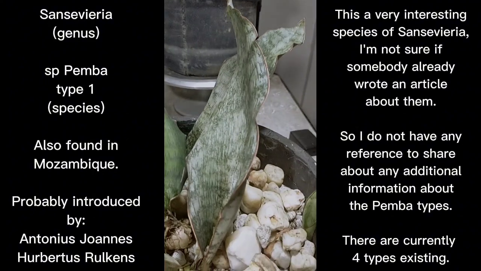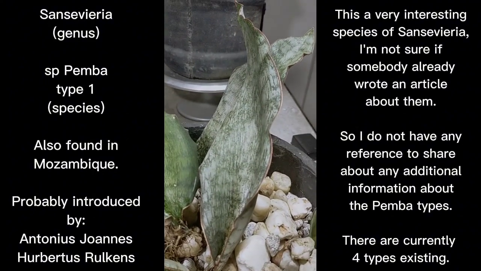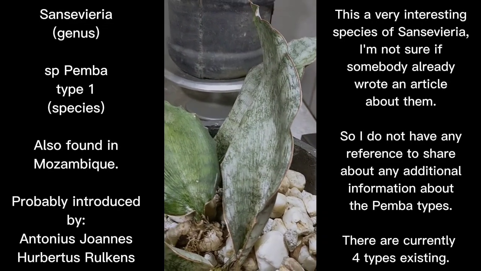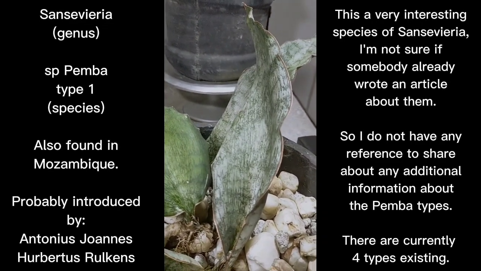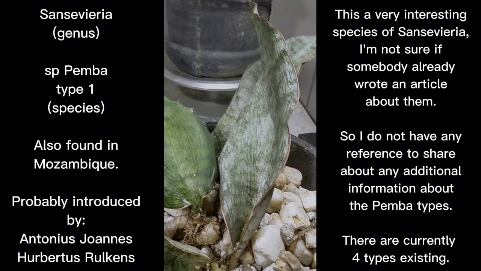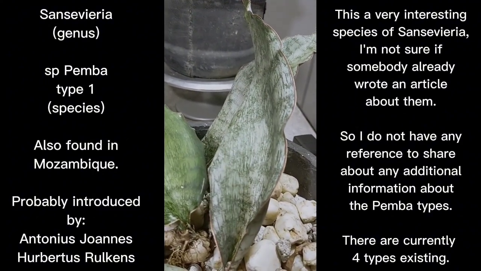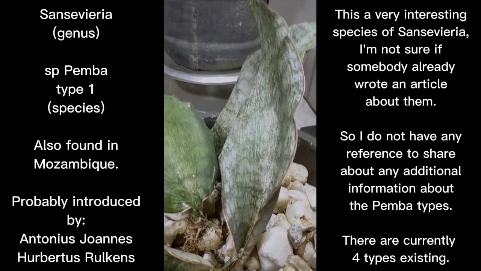He travels through different mountain ranges to search for Sansevierias, and most probably he is also the one who discovered or introduced the Pemba species type 1 to 4.